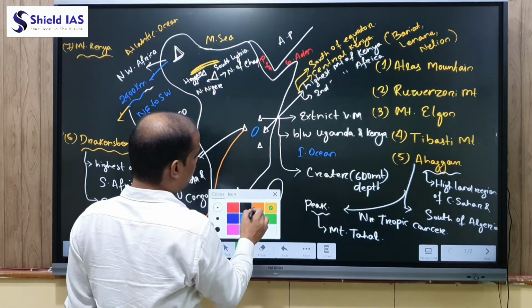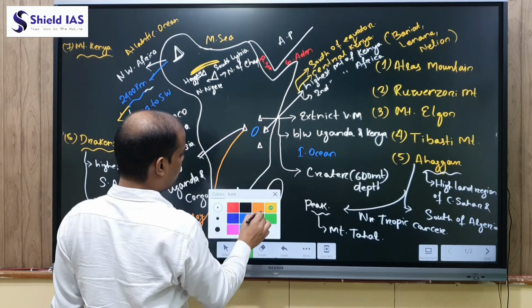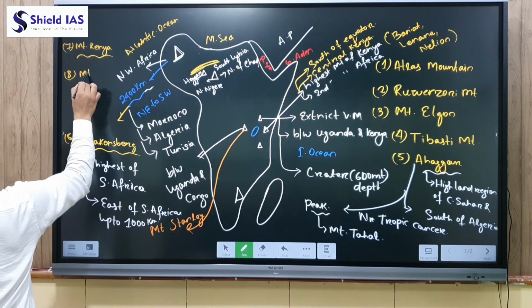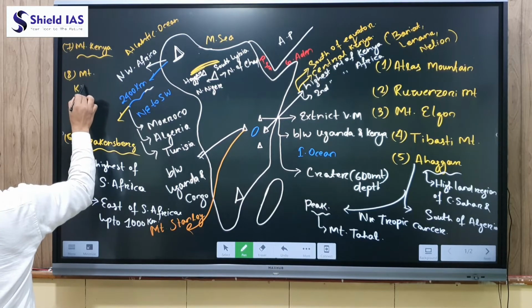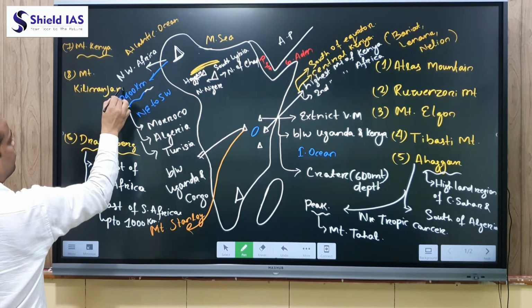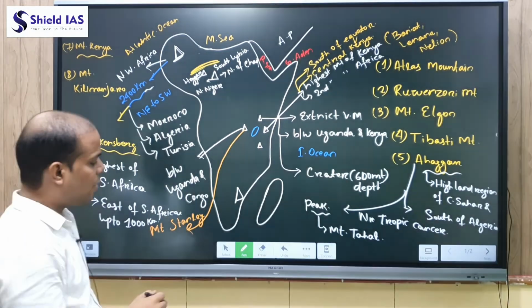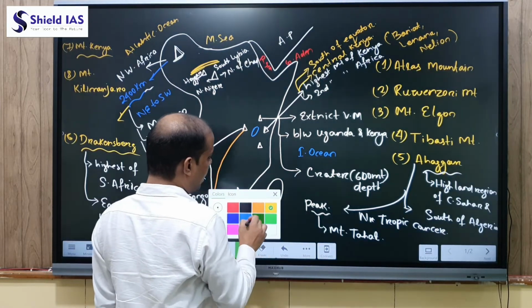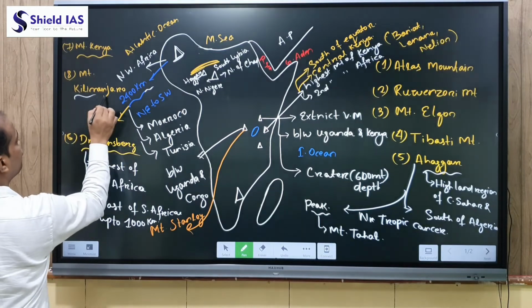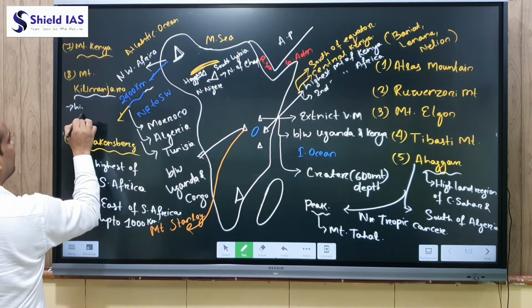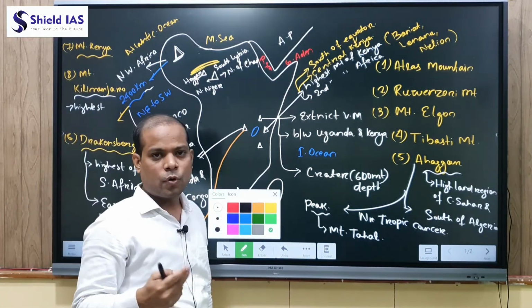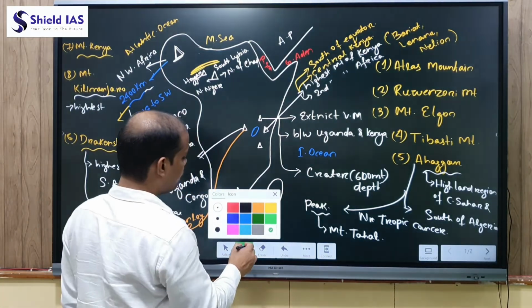And the last important mountain is known as Mount Kilimanjaro. Mount Kilimanjaro is the highest mountain of Africa, and there are three important volcanic peaks in this region.